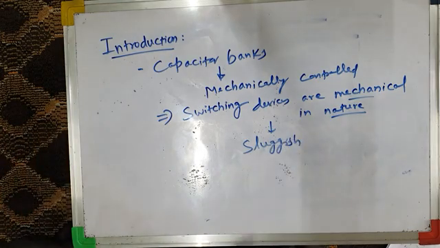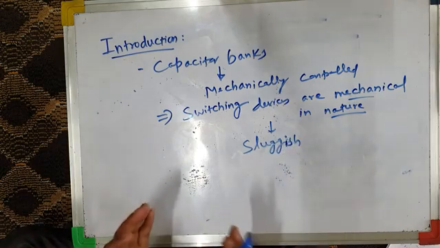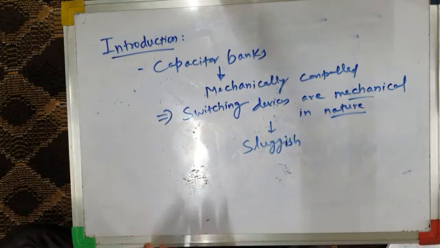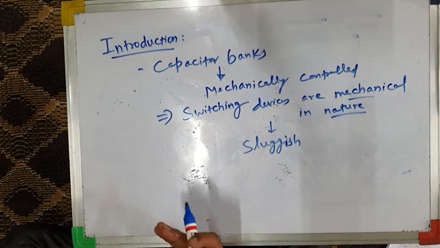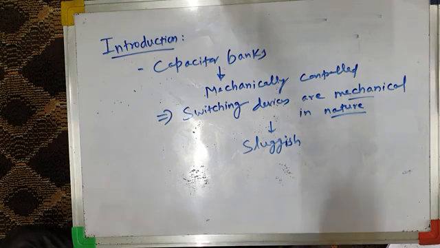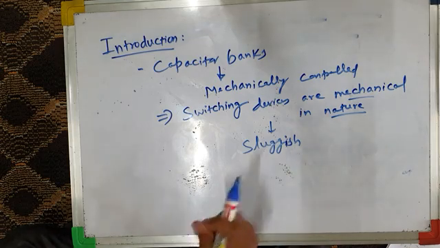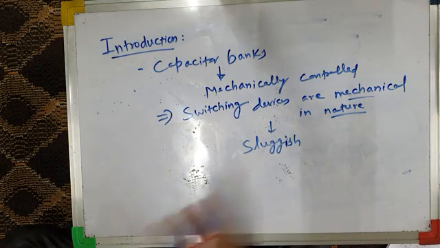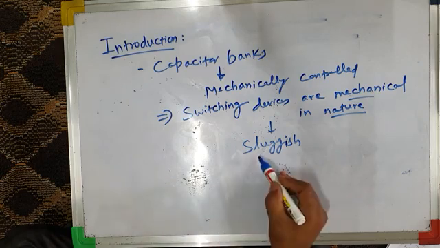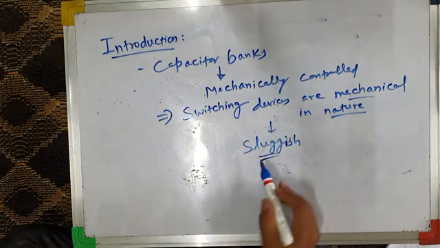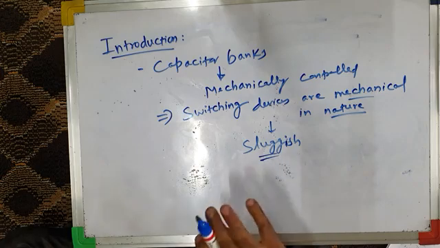At any instant of time, for avoiding the power oscillations or for transient stability of the system, we require very fast action. As soon as a disturbance has come, we require that the compensation should take place very quickly. But these mechanical switches are very sluggish in nature. They are very slow in response.